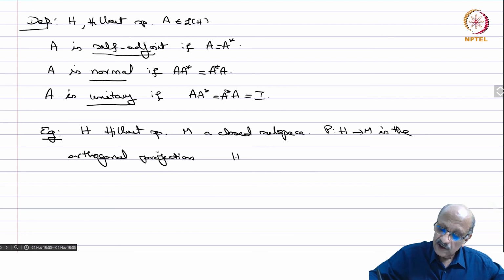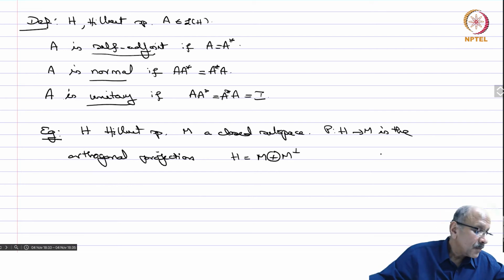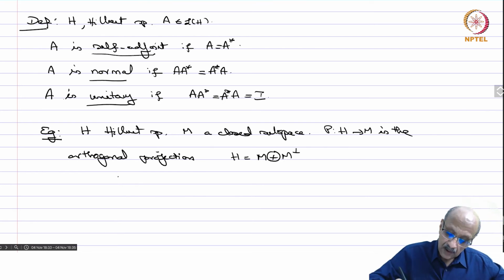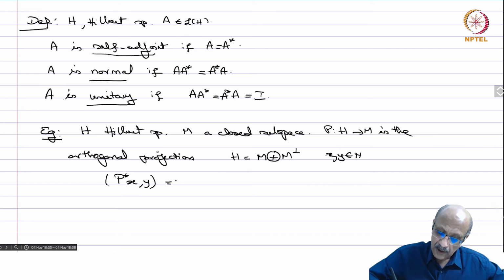So that means H is written as the direct sum M direct sum M perp, and P from H to M is the orthogonal projection. Now if you have P star x, y, where x, y belong to H, this is nothing but x, Py.